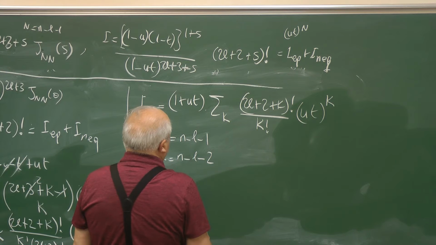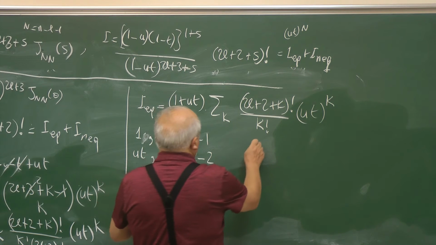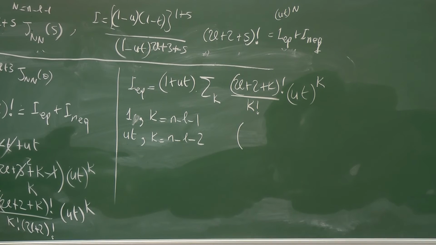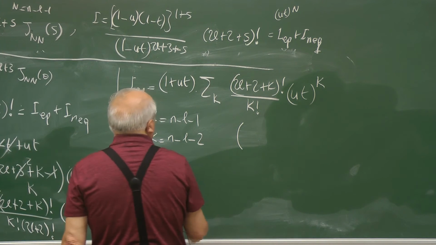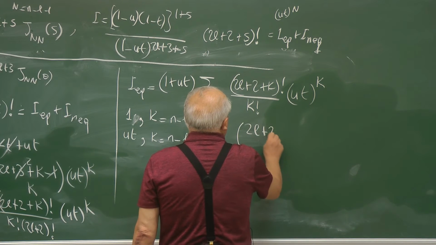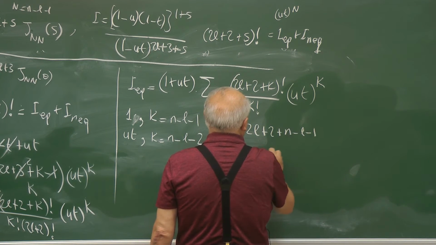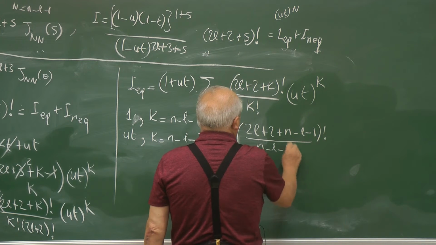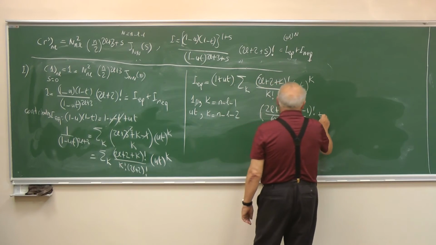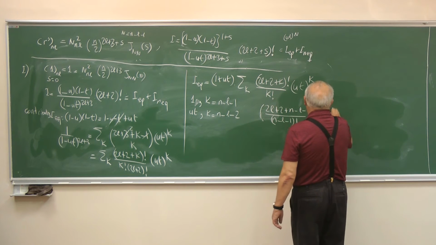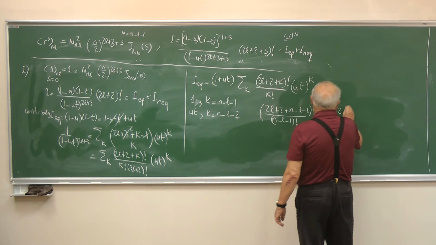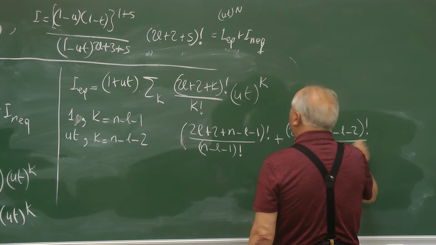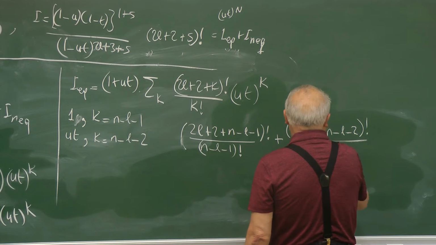So I am looking, therefore, for the sum of two binomial coefficients: (2L plus 2 plus n minus L minus 1) factorial divided by (n minus L minus 1) factorial, plus (2L plus 2 plus n minus L minus 2) factorial divided by (n minus L minus 2) factorial.